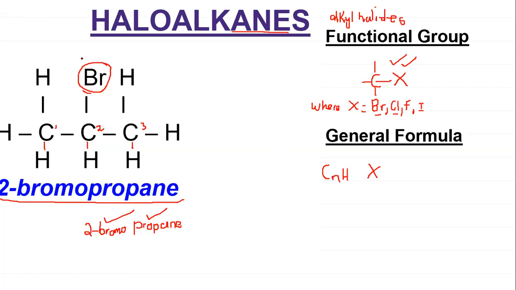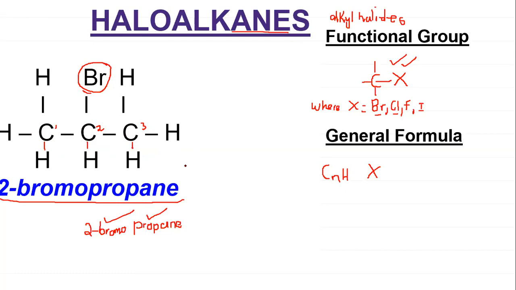Then we must check the hydrogens. And the hydrogens, if you check them and count them, you get 1, 2, 3, 4, 5, 6, 7. Now, can you see that the number of hydrogens is actually 2 times the number of carbons plus 1. So when I say it's 2 times the number of carbons plus 1, I'm basically saying it's 2 multiplied by 3, which gives me 6, plus 1, which is then 7.